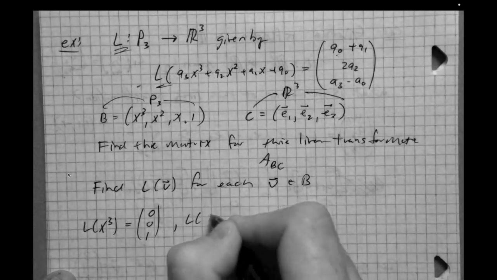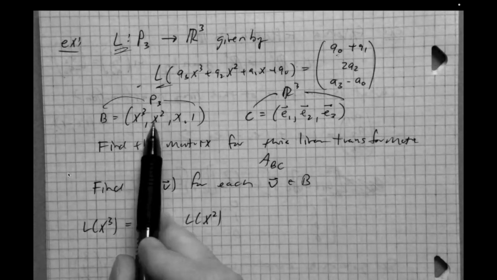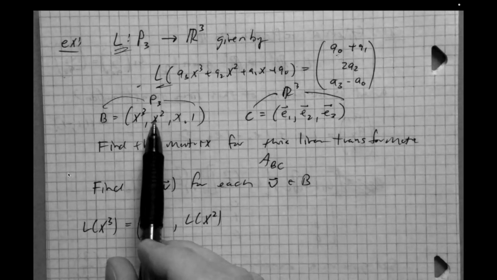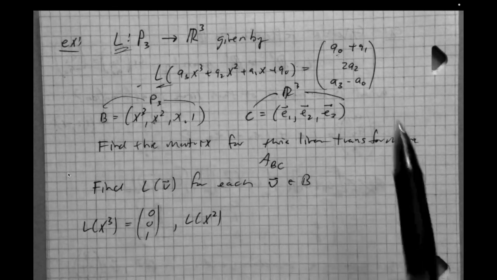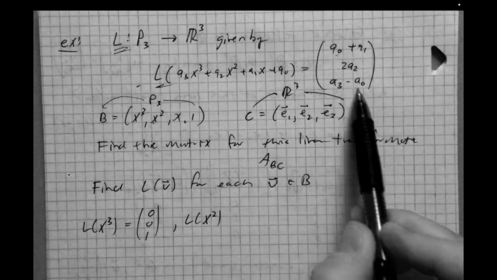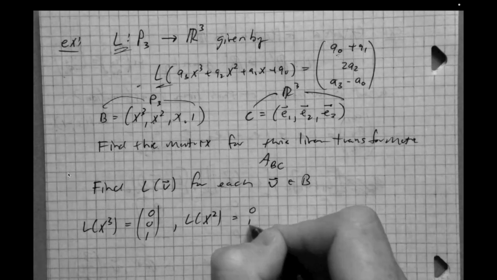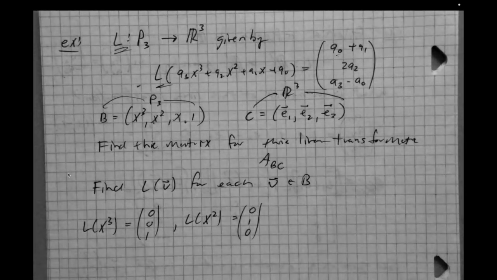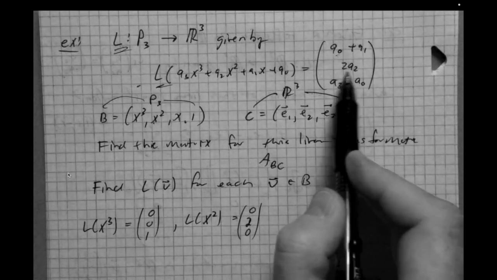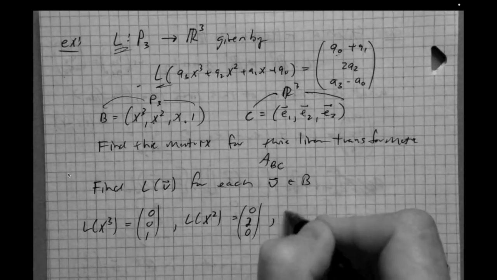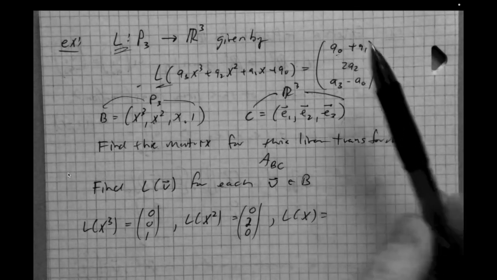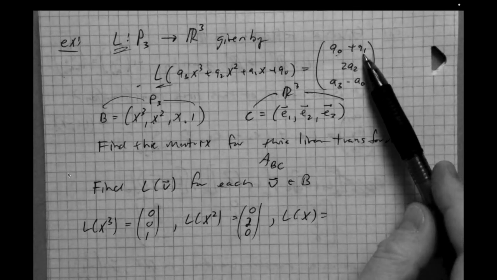What about L of x squared? x squared is the second vector in the basis for P3. It's just going to have an a2. So it's 0 plus 0, 2 times 1, 0 minus 0. So that one is going to be 0, 2, 0. What about L of x? x is just going to have an a1, so I've got a 1 here.